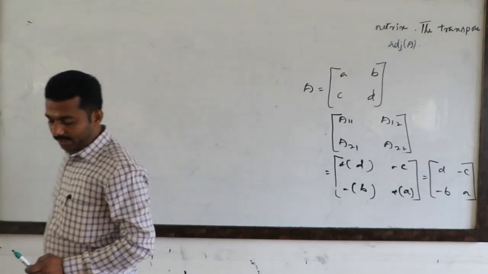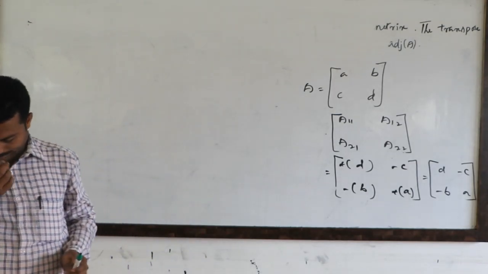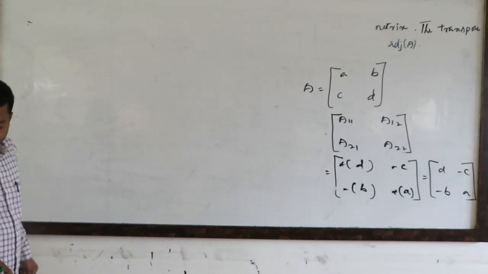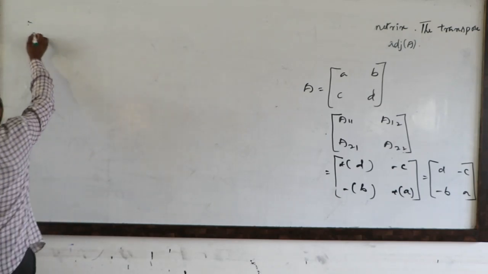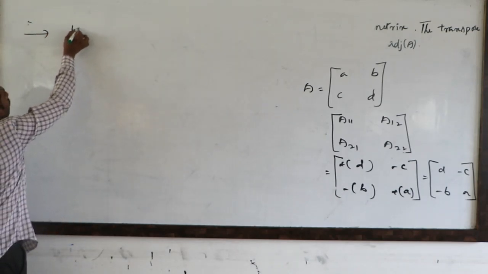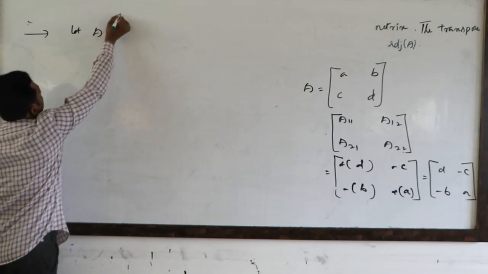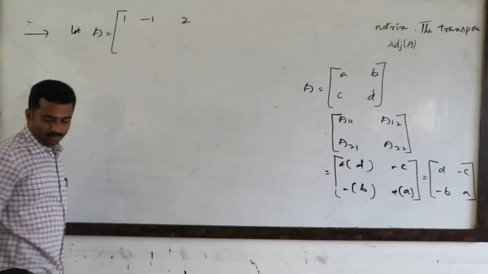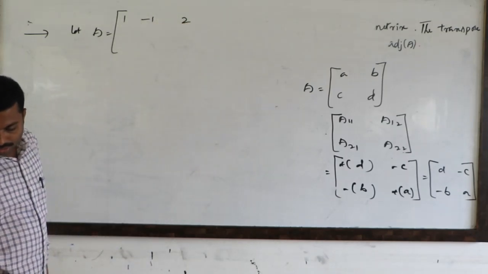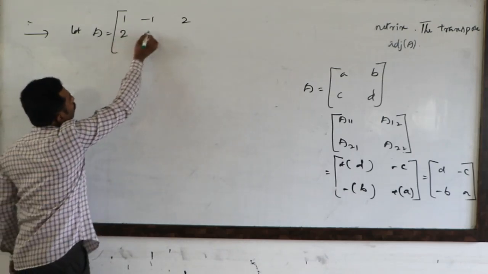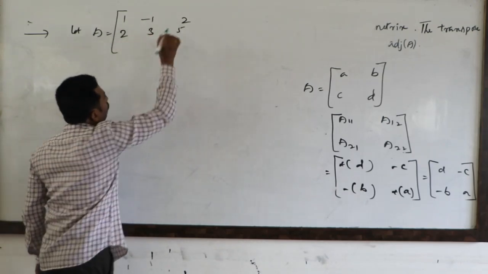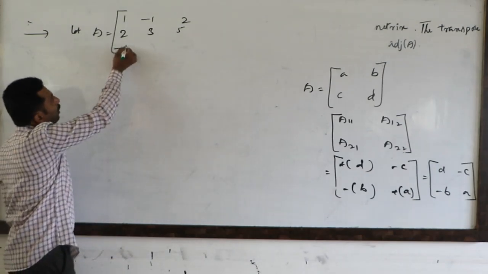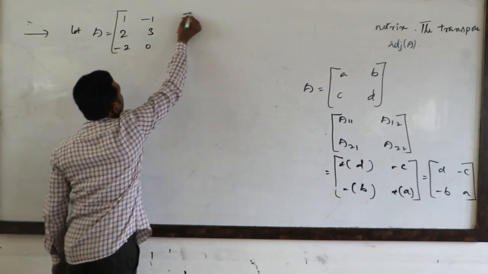Now one square matrix I will take. Let A equal to [1, -1, 2; 2, 3, 5; -2, 0, 1].